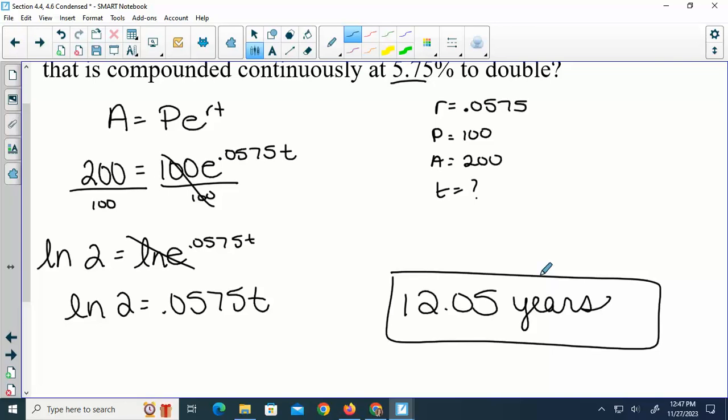I want you guys to try to set up the second one. You'll have to watch though, is that one a continuous compounding? No, so you have to use the other compound interest formula.